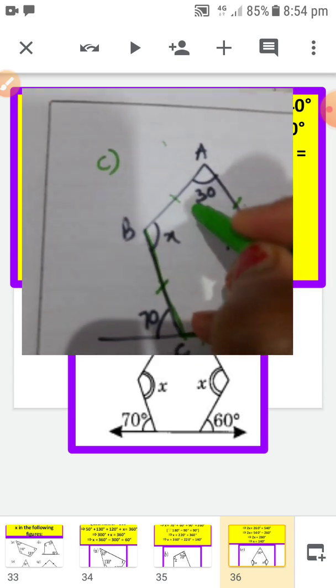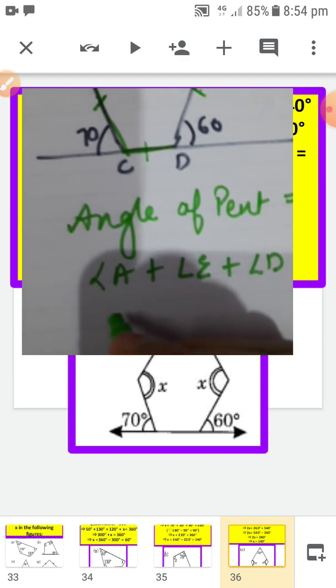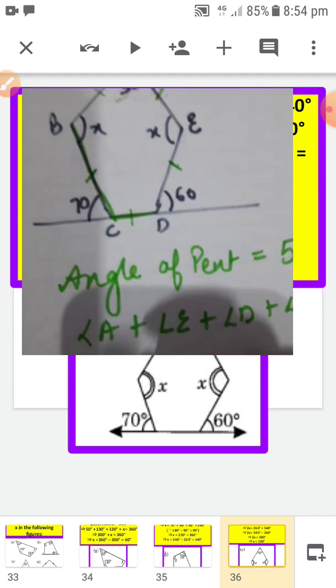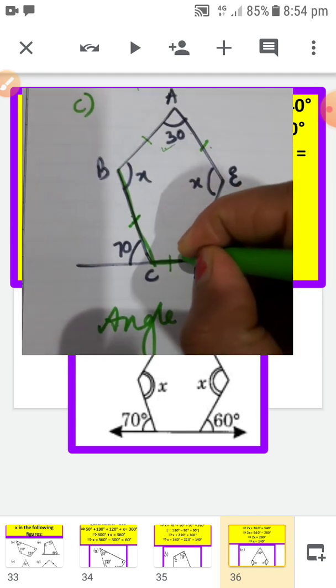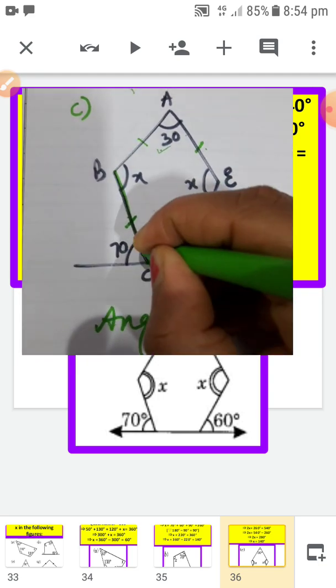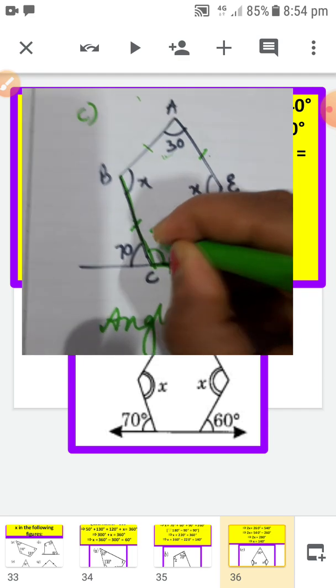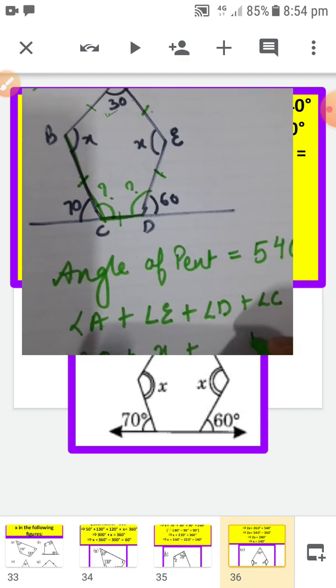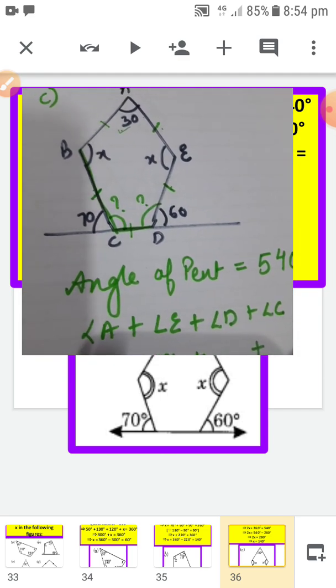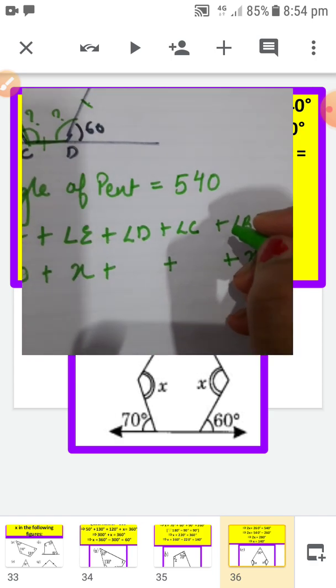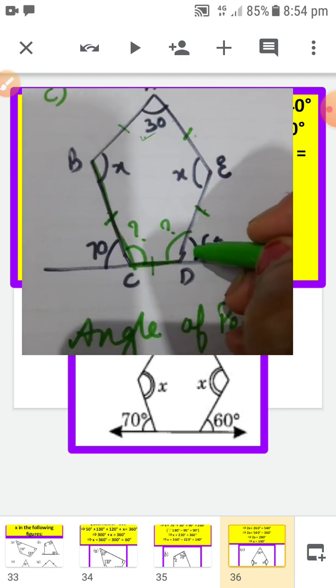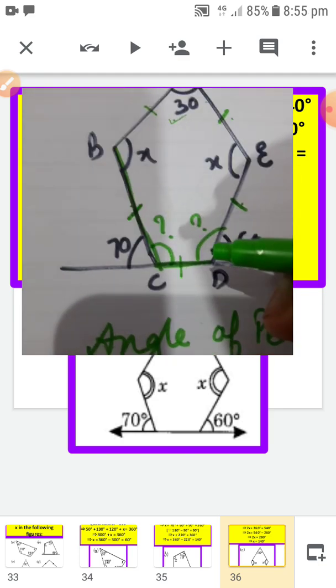So angle A is 30, here we have 30. Angle E is x here. This angle D and this angle C we don't know, so leave these two, and angle B is x here. Now let's find out this C and D. In the same manner we have done linear pair.